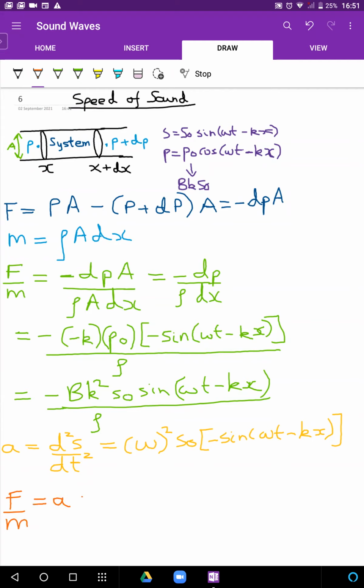What does that give us? What do we get when we equate these two? So when we equate these two, you have minus b k square by rho s naught sine omega t minus kx.